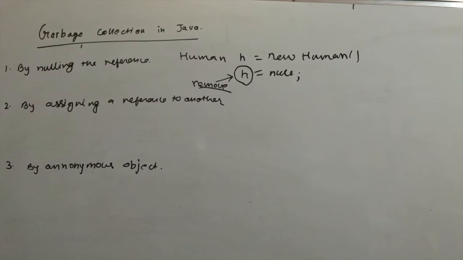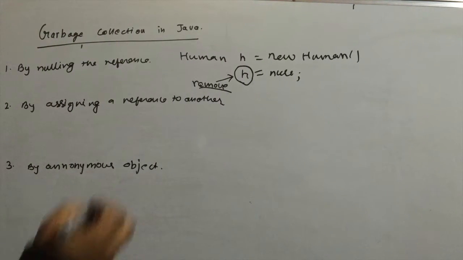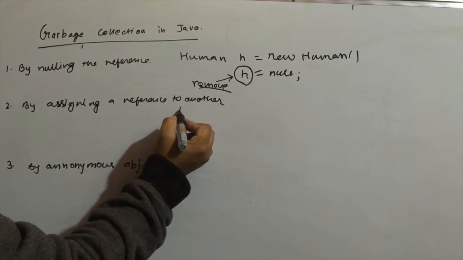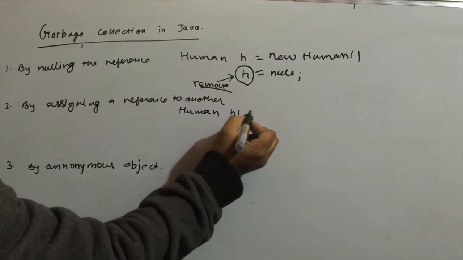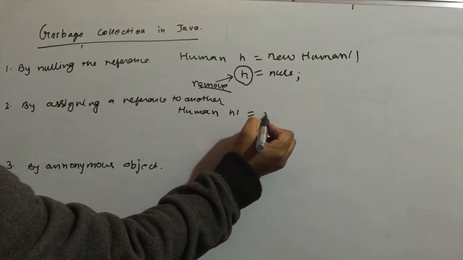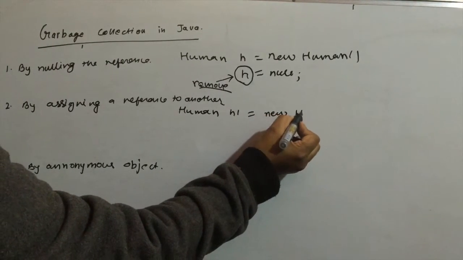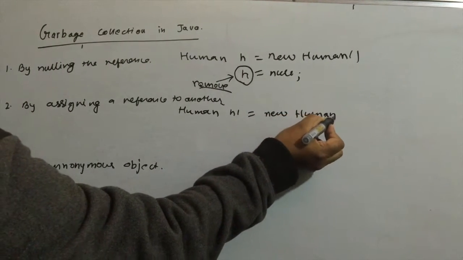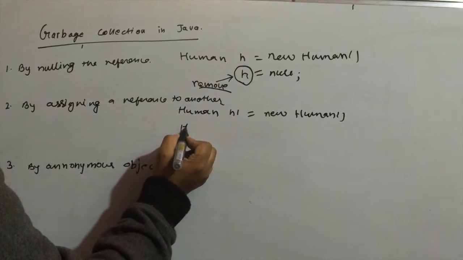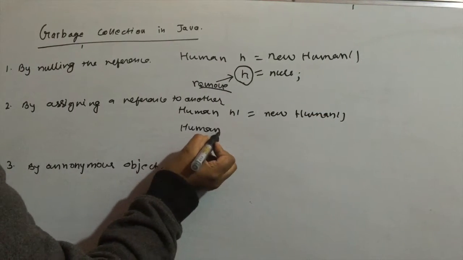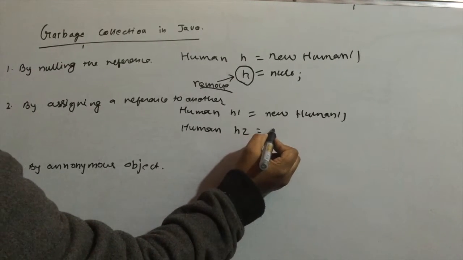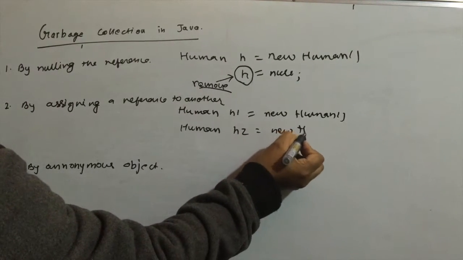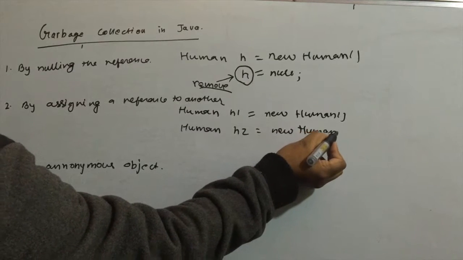The second process is by assigning a reference to another. So, for example, let's take the Human class again. We create an H1 object, new Human, and we create another object as well, H2 is equal to new Human.